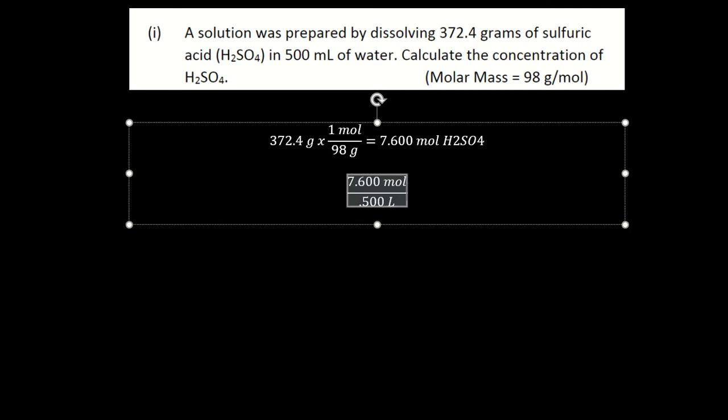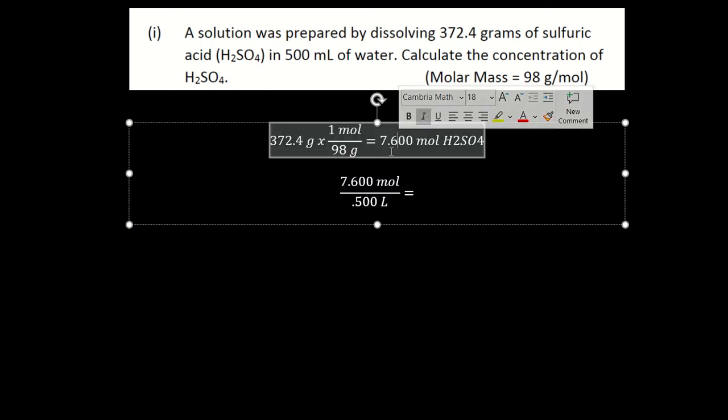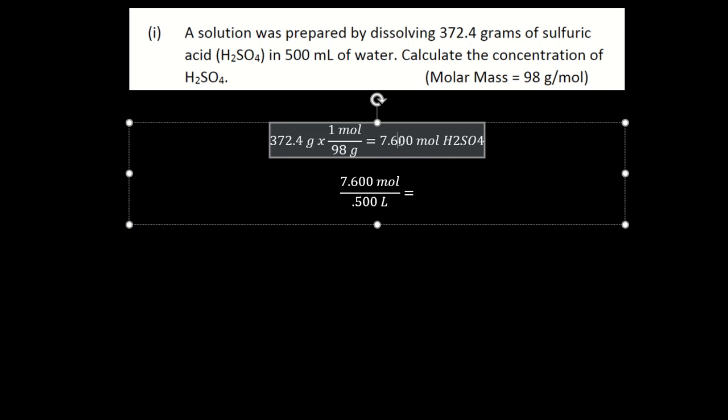Just remember to convert that into liters. Whoops, what am I doing? My bad. Let's see. Really, it's going to be 372.4 grams divided by 98 grams, which would be 3.800 moles.